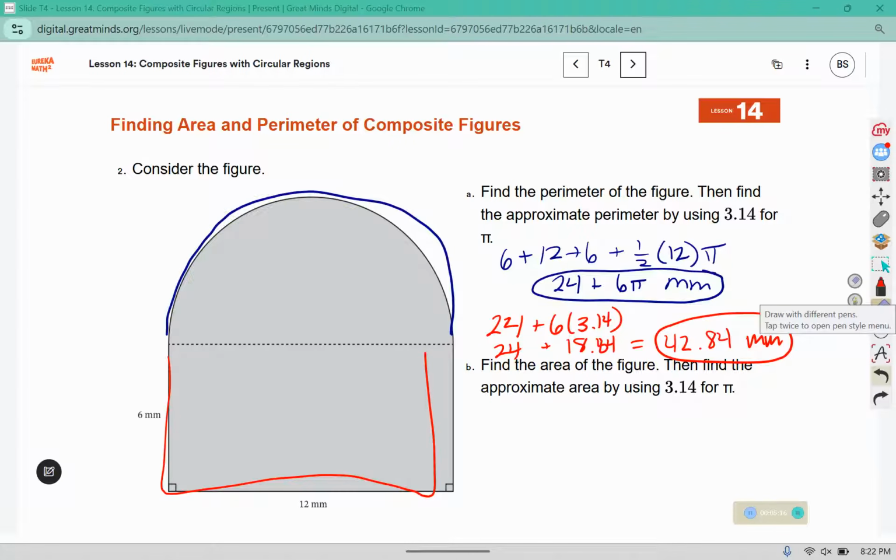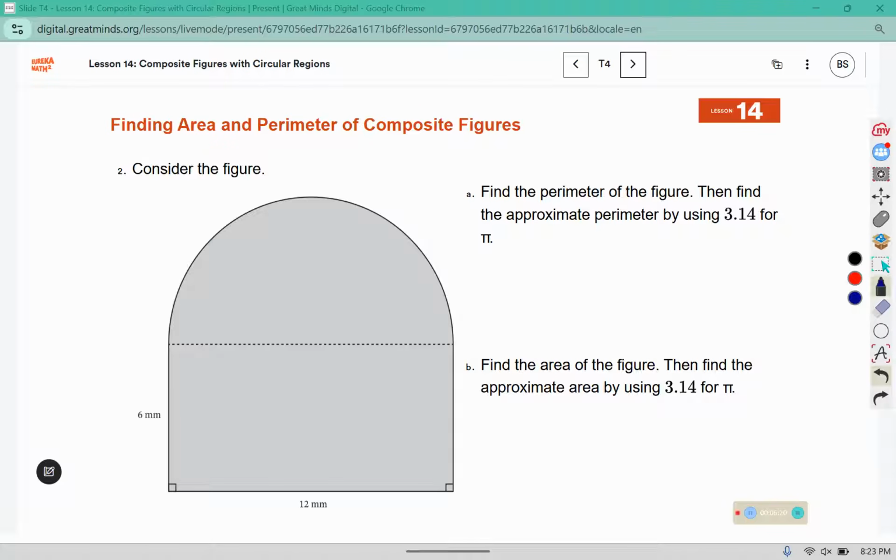Then it says find the area. So we have the rectangular piece. The base is 12 and the height is 6. And we have a semicircle. The radius of this semicircle is 6.